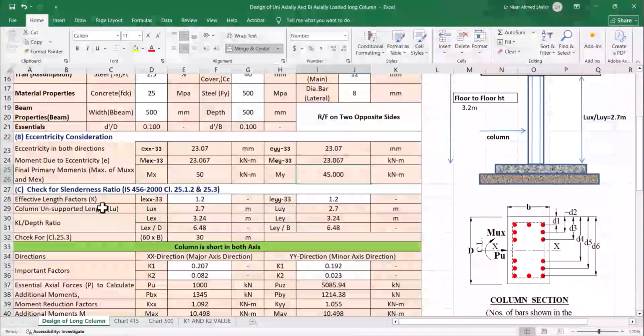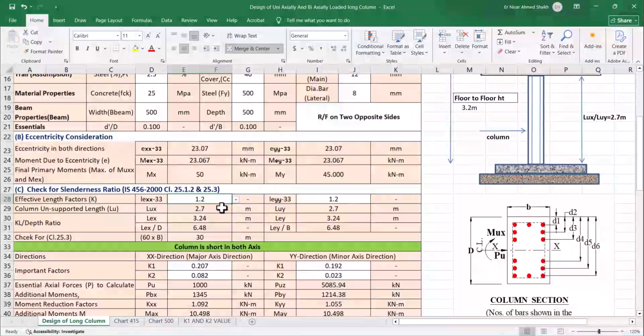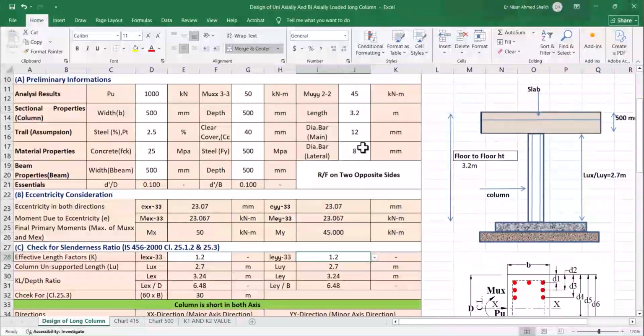Then the effective length factor, we consider our effective length factor is 1.2. First of all, you can consider according to you. If we consider just 1.2, you can see here we calculated unsupported length 2.7 meter.